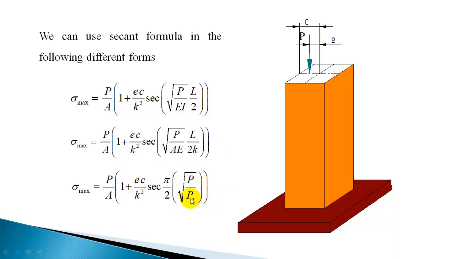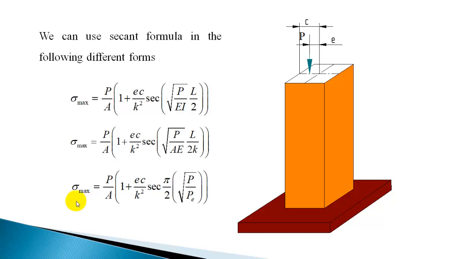PE is pi square EI by L square. When you replace P by pi square EI by L square, you will get once again the same equation. So whichever form is convenient for us, we can use that, and this secant formula gives only the maximum stress induced.